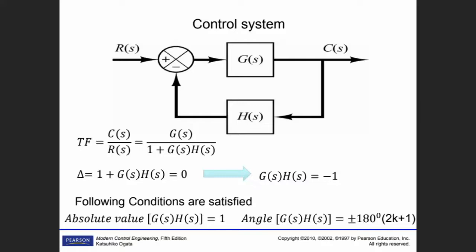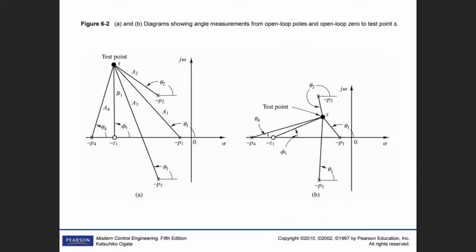where G and H might have zeros and poles, but the transfer function is obviously 1 plus G(s)H(s). 1 plus G(s)H(s) is delta, the characteristic equation, and delta should satisfy G(s)H(s) equals minus 1 and the angle 180 degrees, total angle 180 degrees.